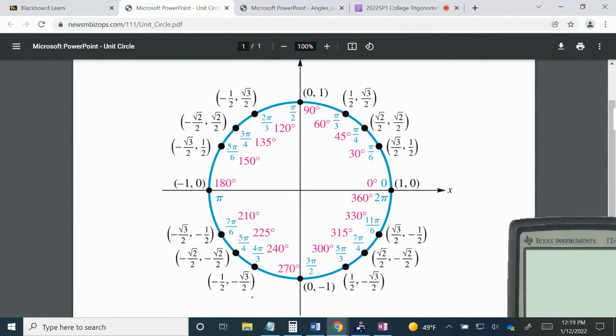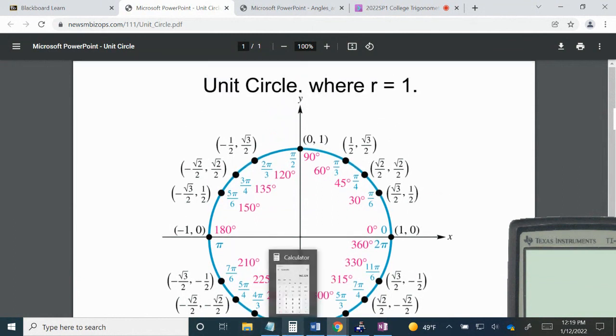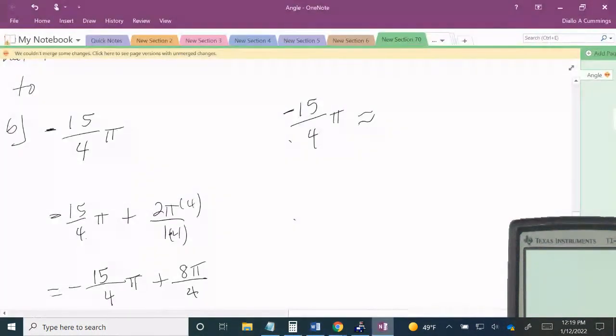If you look at the left-hand side of the unit circle, pi is actually equal to 180 degrees, right? So 180 degrees is pi.